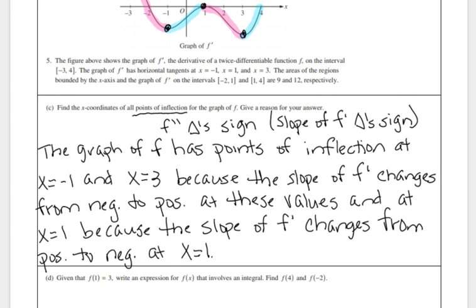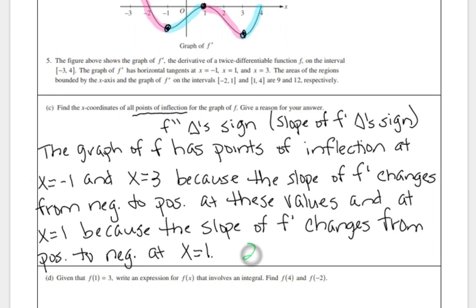I know it's kind of a pain to break them up that way, but the AP exam really does prefer that you've got it broken up. I guess you could say that it's got these 3 points of inflection because f prime changes sign at these values and kind of group it together, but on the AP exam, when they give us the answer keys, they do separate them out, so better safe than sorry.